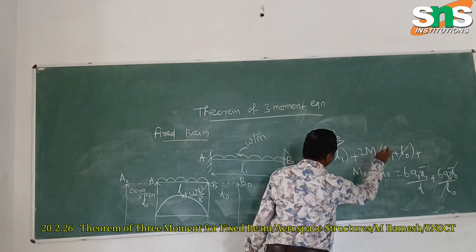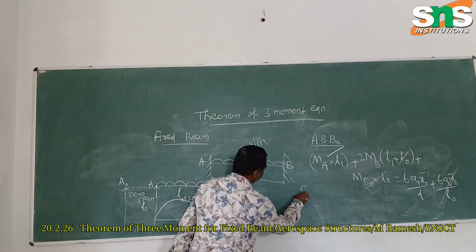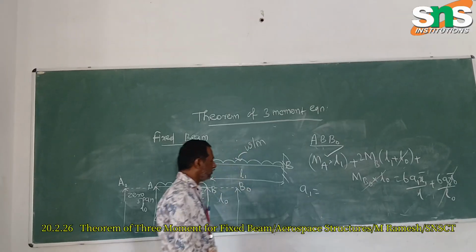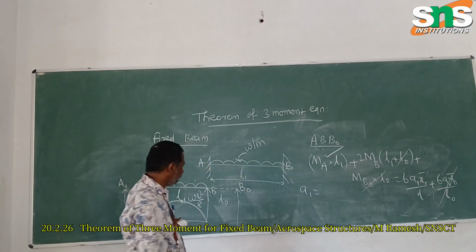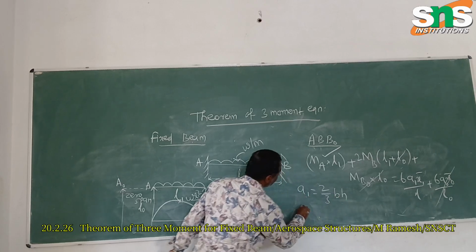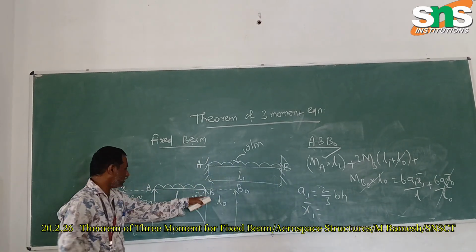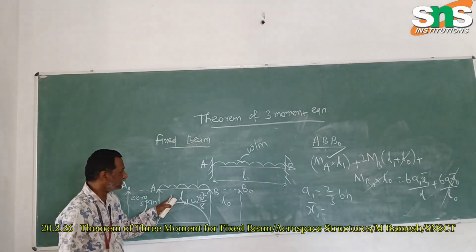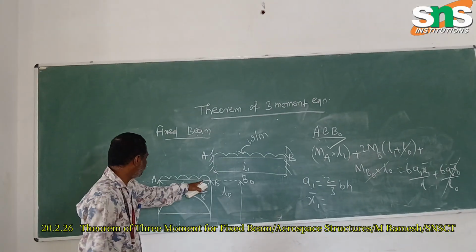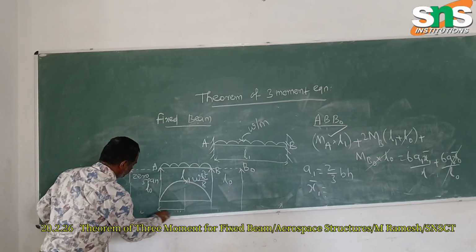So MB is the unknown value, and A1 as already we know is the same thing here. A1 equal to 2 by 3 of B into H1 bar. So by here AB D naught, this AB becomes left side. So X bar will be from here.